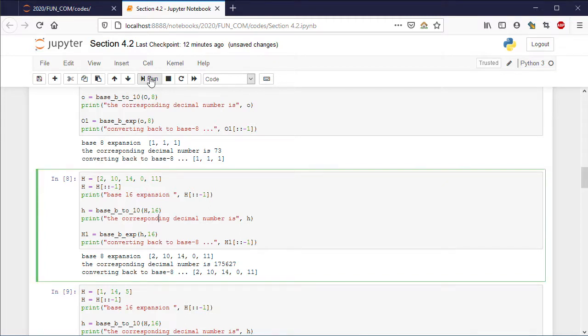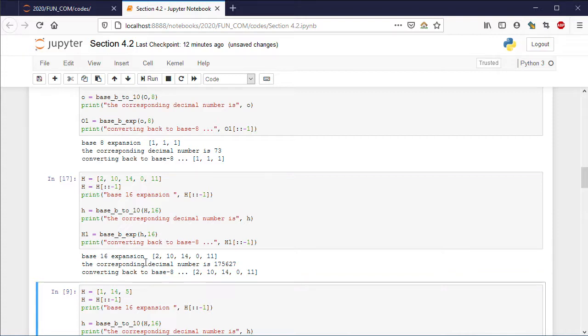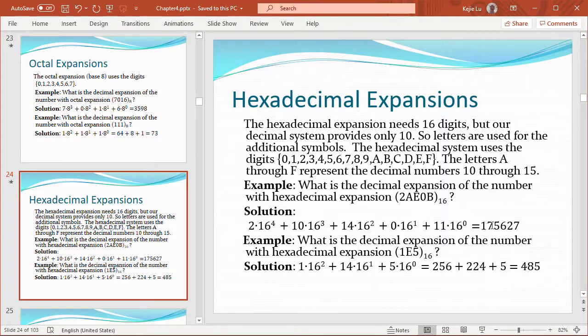So in the hexadecimal system, we have 175,627 for 2AE0B. 175,627.